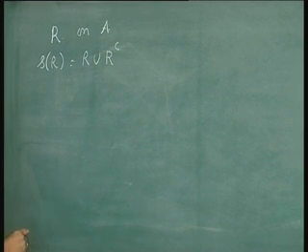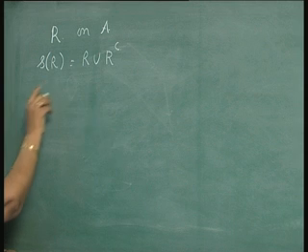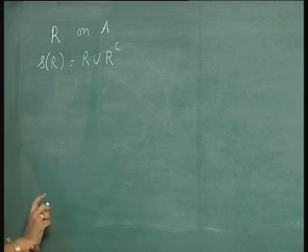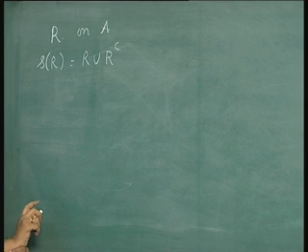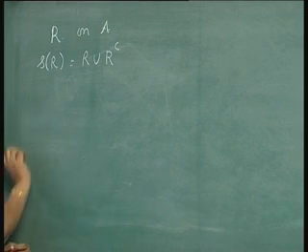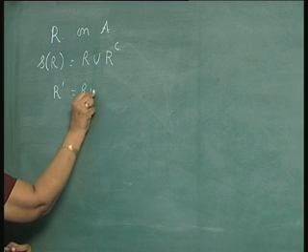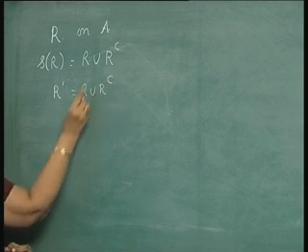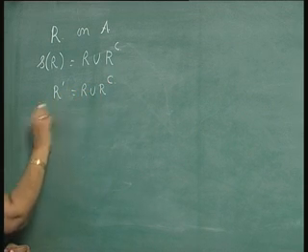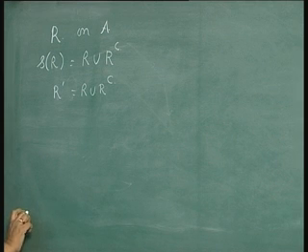The symmetric closure should contain R, it should be symmetric, and any other symmetric relation containing R should contain the symmetric closure of R. So, suppose R dash is equal to R union RC, then we have to show that the symmetric closure of R is R dash.